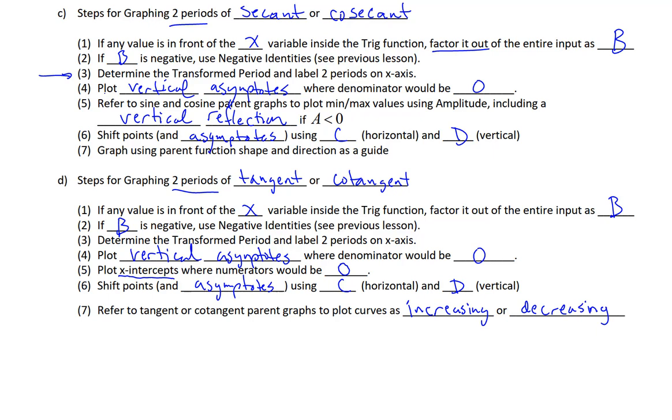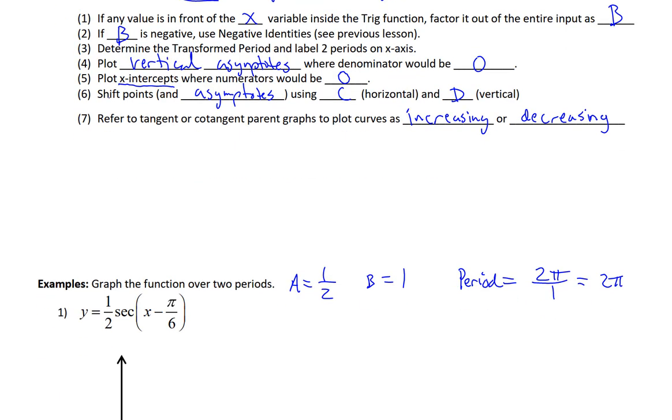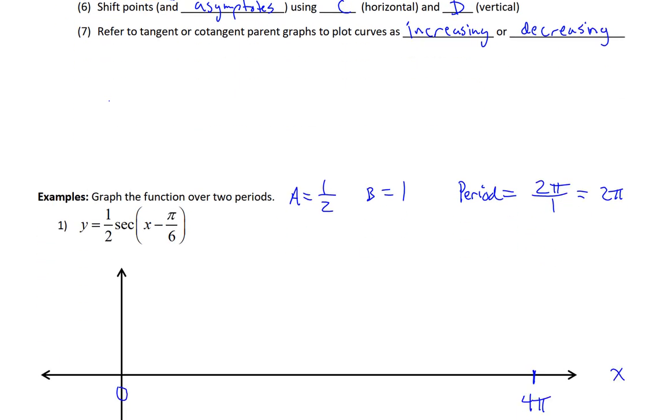Next, step 4 says plot vertical asymptotes where the denominator would be 0. Okay, so what are we talking about there? Well, let's recall, secant is really 1 over cosine. So I'm going to put a little note about that so we remember what's going on. Secant of x is really 1 over cosine of x.